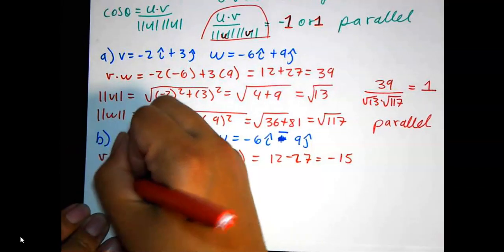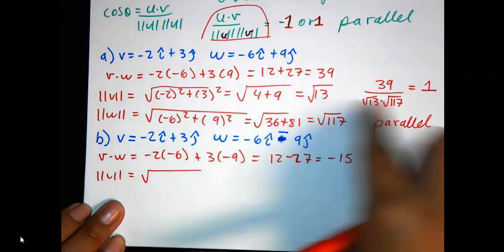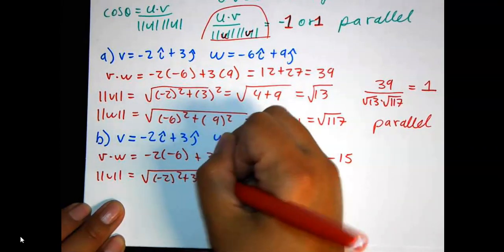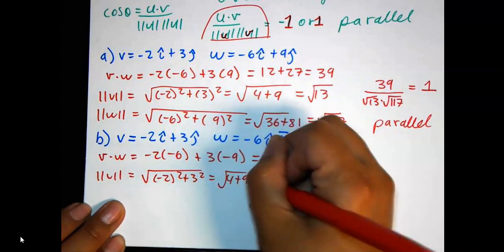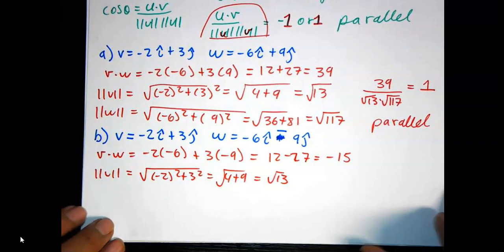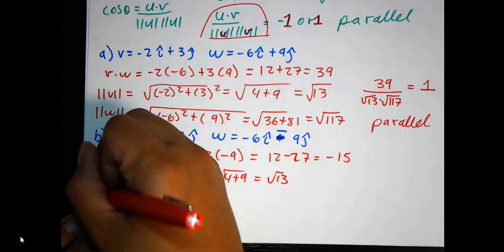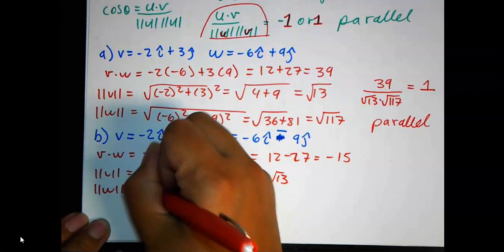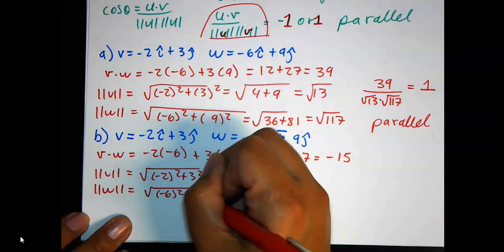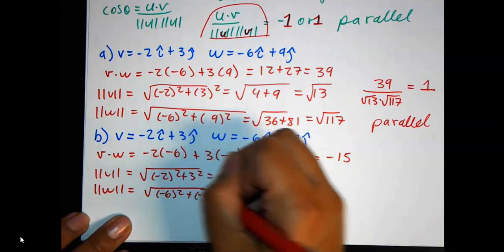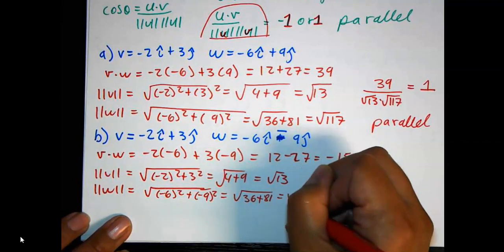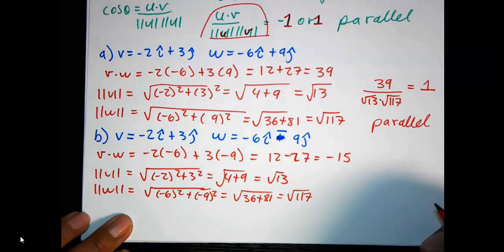Then I get the magnitude. In this case, it's going to be the same thing as this one, because we have negative 2 squared plus 3 squared, 4 plus 9, we get the square root of 13. Then, if I do the next one, I have negative 6 squared, negative 9 squared, but when we square it, I still have 36 plus 81, which is also 117.